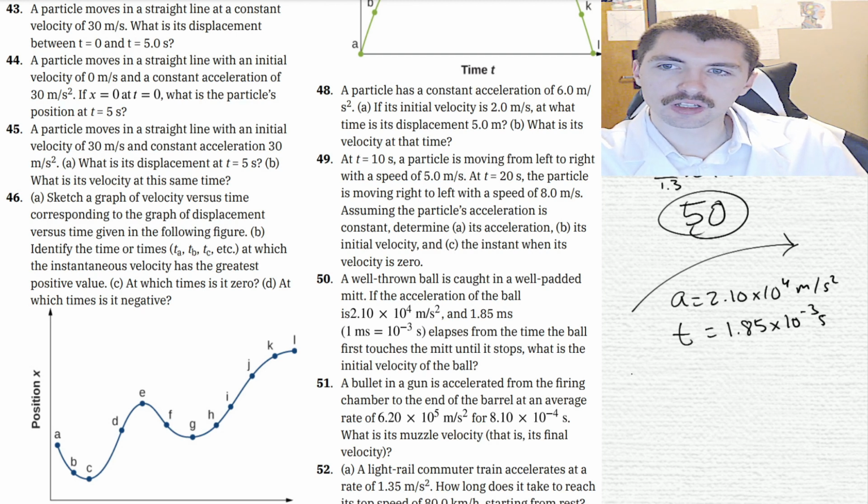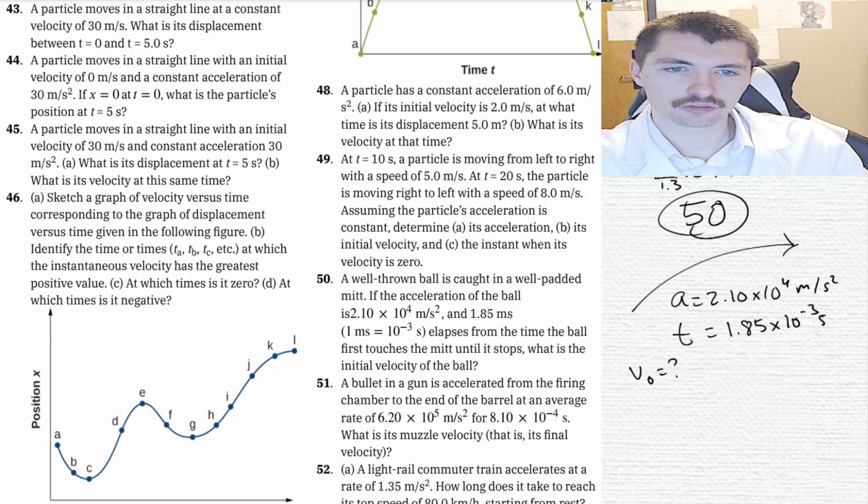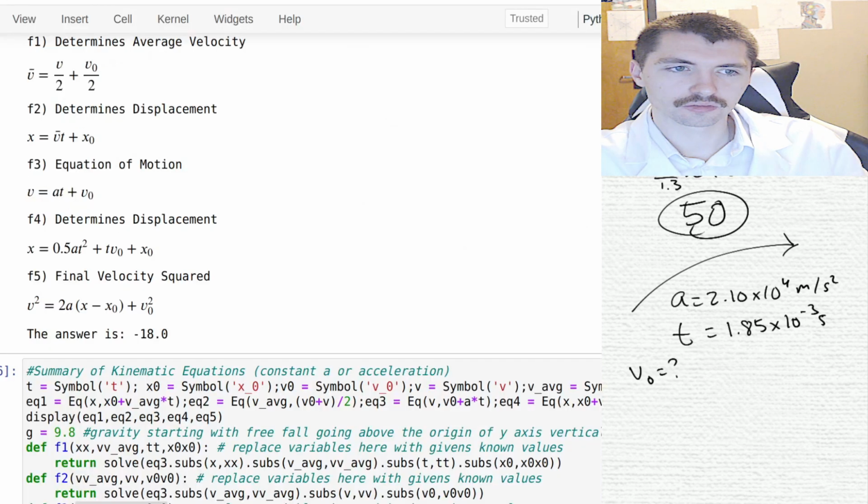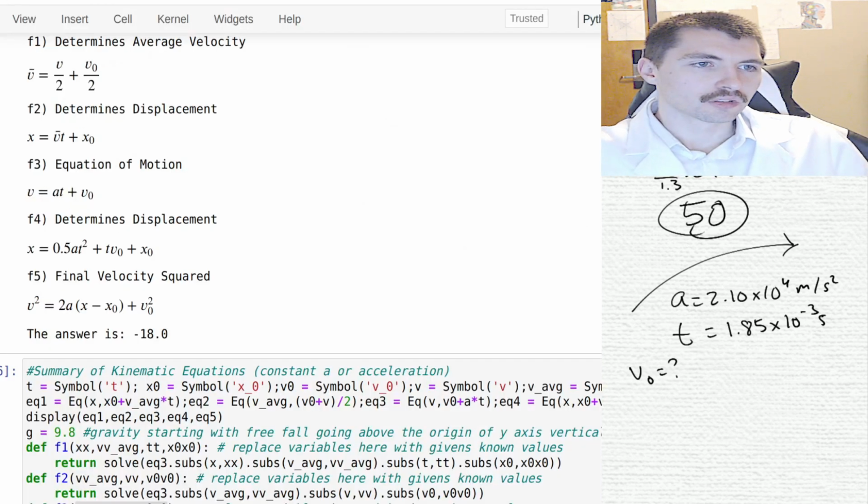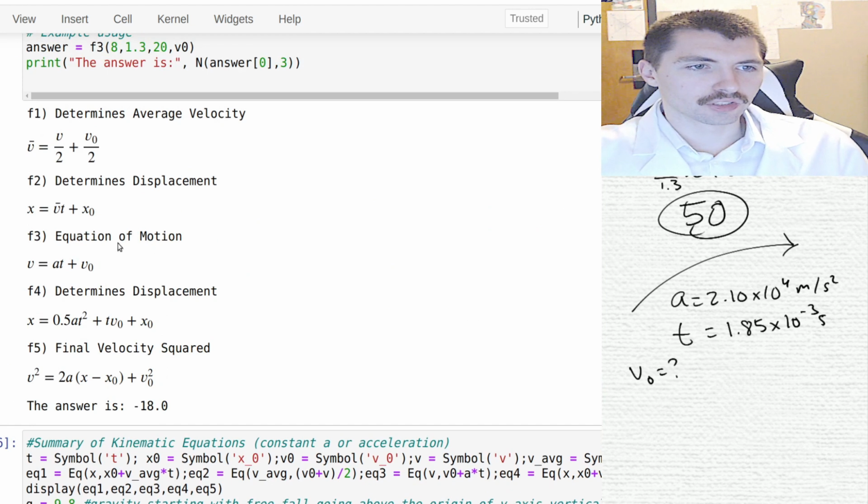What is initial velocity? So which ones have initial velocity?